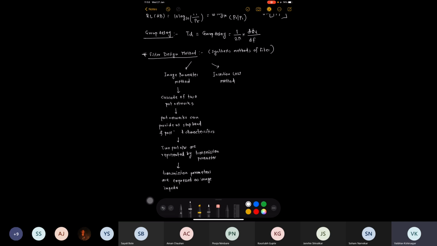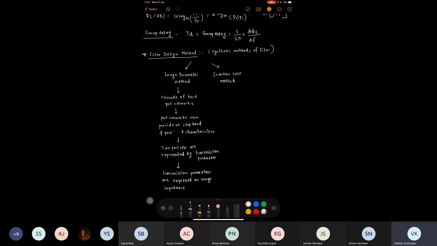So what is the terminology of designing a filter using the image parameter technique? Basically, in the image parameter technique or synthesis of the filter, we make use of a cascade of two-port networks. We already know that a two-port network can be represented as a unit cell, and we saw that it can be replaced with a waveguide which can exhibit passband and stopband characteristics.